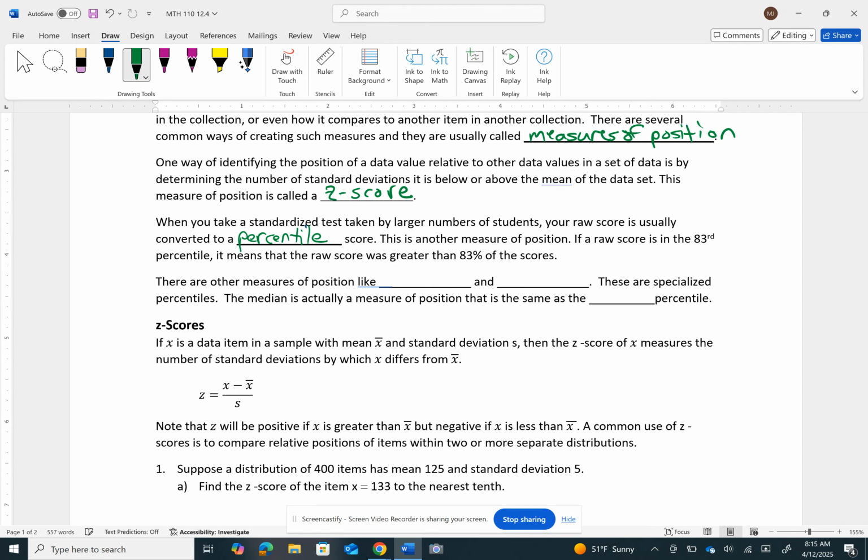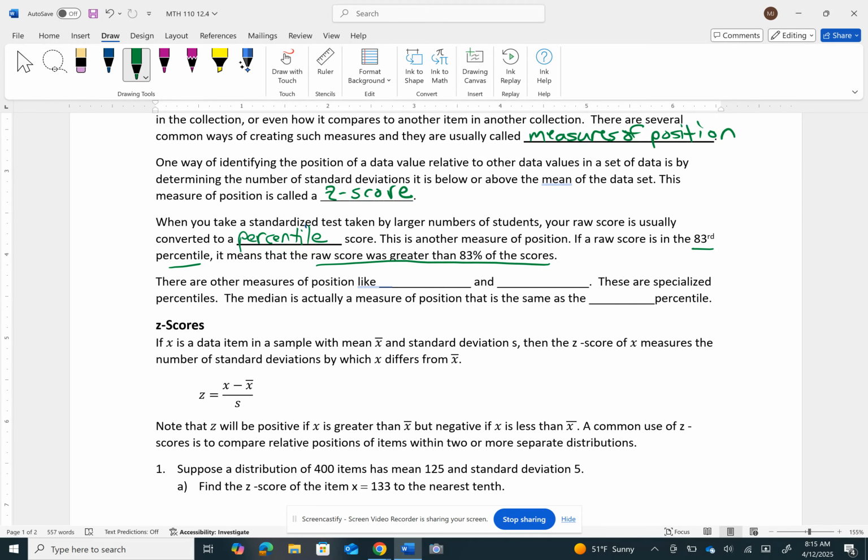If they tell you that your score was in the 83rd percentile, that's different than saying you made an 83% on the test. 83% would mean that you got 83 out of 100 questions correct. 83rd percentile means that your raw score was greater than 83% of the scores.